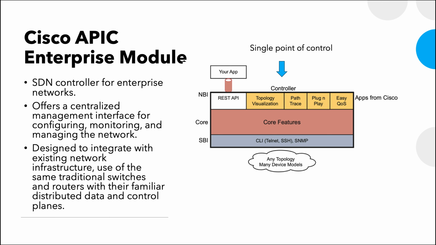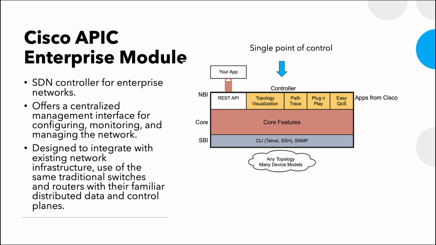The third app is plug and play, an application that provides, for example, day zero installation support, so you can unbox a new device and make it IP reachable through automation in the controller. It is like a plug and play device.